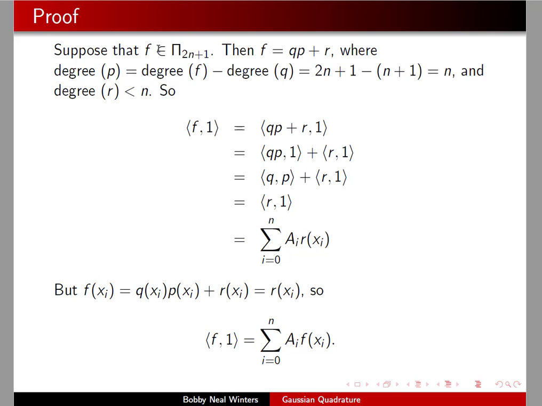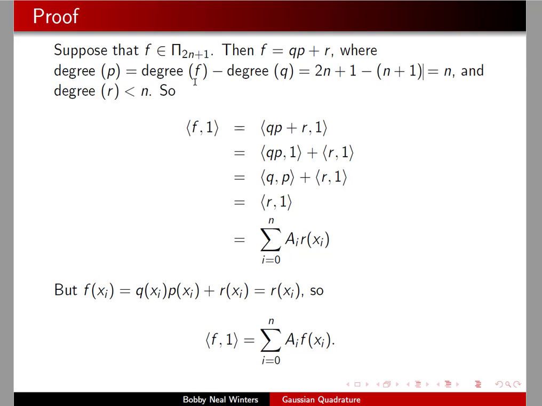Suppose that f is one of these polynomials of degree 2n plus 1 or less. Okay. So then we can divide f by q, and we'll get f equals q times p plus r, where the degree of p is the original degree of f minus the degree of q, which will be 2n plus 1 minus n plus 1, and so that will equal n.